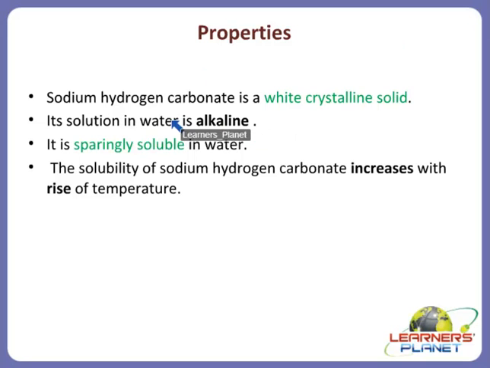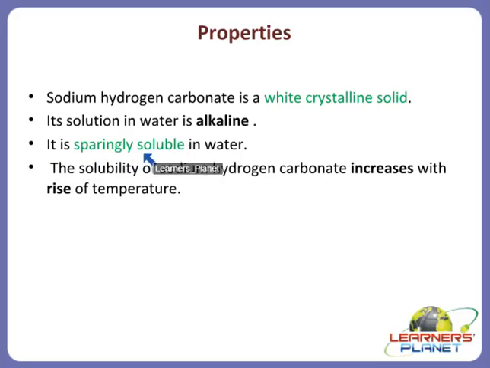Now the properties. The sodium bicarbonate is a white crystalline solid. You must have seen baking powder at home. It also contains some other compound, but the major constituent is the sodium hydrogen carbonate, okay? Its solution in water is alkaline.